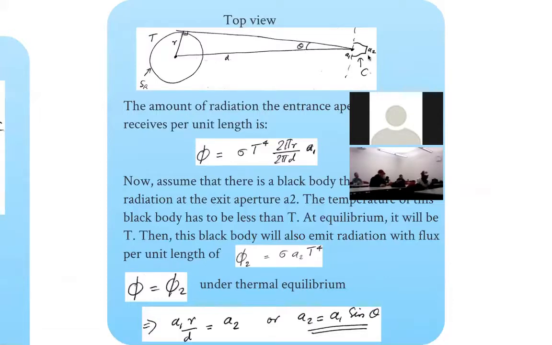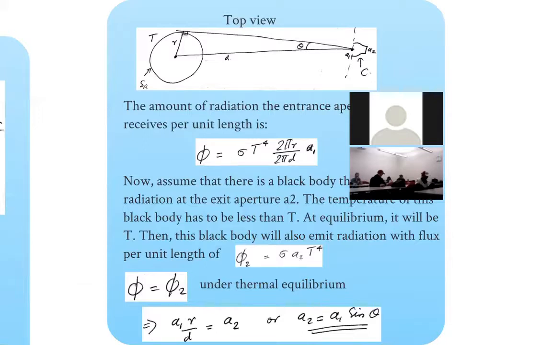Or in other words, what we have shown with very simple thermodynamic arguments is that the concentration factor of this concentrator, we haven't said it's a CPC, it can be anything, the best concentration factor one can hope to achieve is 1 over sine of theta, where theta is the angle of the extreme ray.